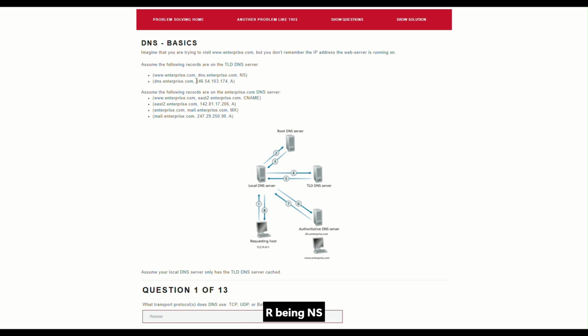Then dns.enterprise.com and 146.154.103.174, meaning this is the name, this is the value, and this is the RR. And now in the authoritative DNS server, the reason why it says enterprise.com DNS server is because that is for this right here.